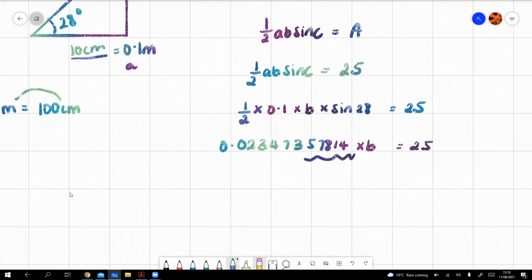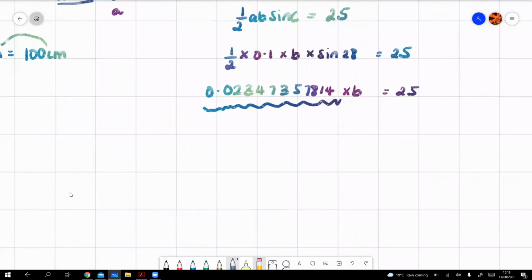Well, how do I get rid of a times by 0.02347357814? Well, I divide both sides by that. So if I divide this side here by 0.02347357814, I end up with just B. I'm just going to do 25 divided by that on my calculator. Okay, let's have a look.